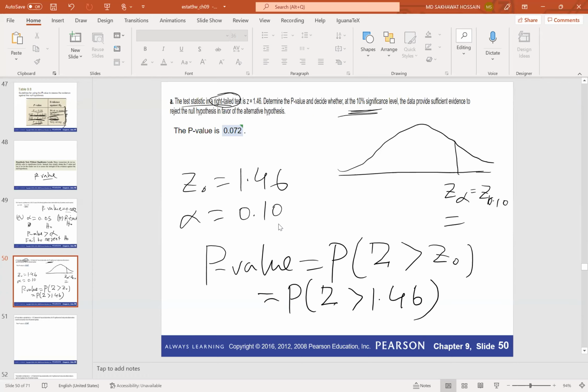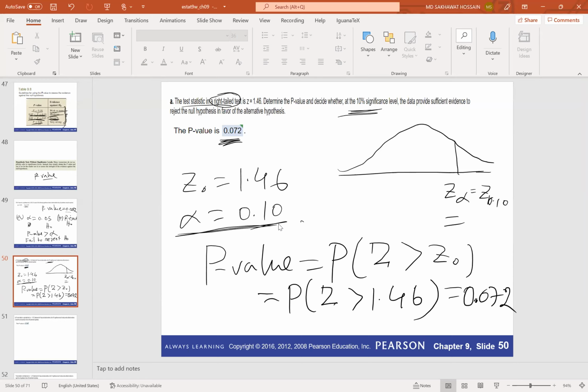If you look at the z table for 1.46 or negative 1.46, you will get the value 0.072. So the p-value is 0.072, and we have the level of significance, which is 0.10.